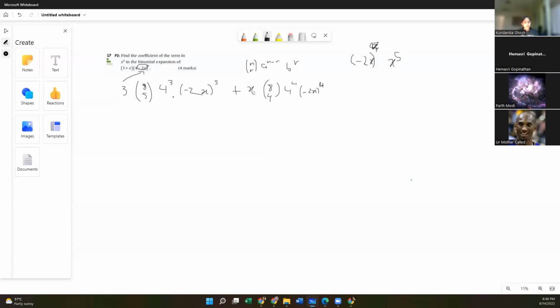Okay. So now all we're going to do is expand. I should probably write an equal sign there. You'll get 3 times 56, because 8 factorial over 5 factorial times 8 minus 5, which is 3 factorial, you'll end up getting 56. 4 to the power of 3 is 64. And then negative 2x to the power of 5 is negative 32x to the power of 5.